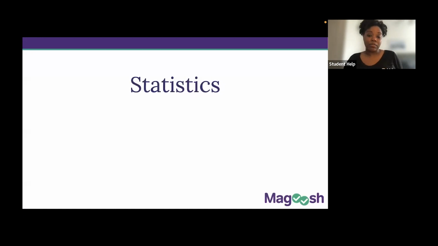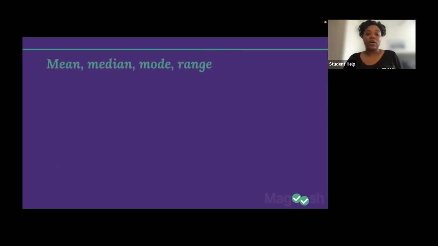All right, let's dig into some statistics. So mean, median, mode, and range. The mean is basically the average. You might often hear it called the arithmetic mean or the average. The average is the sum of everything in your set divided by the number of items in that set.